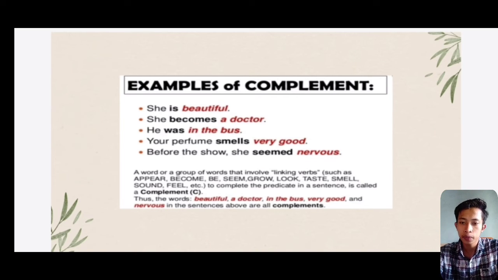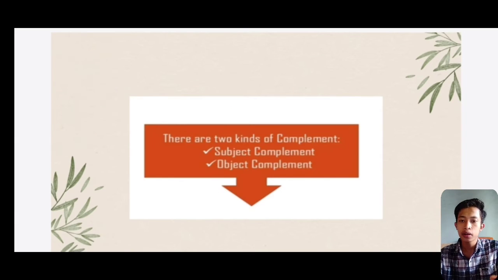A word or a group of words that involve linking verbs such as appear, become, be, seem, grow, look, taste, smell, sound, feel, etc. to complete the predicate in a sentence is called a complement or C. Thus, the words beautiful, a doctor, in the bus, very good, and nervous in the sentences above are the complements. There are two kinds of complement. The first is subject complement and the second is object complement.